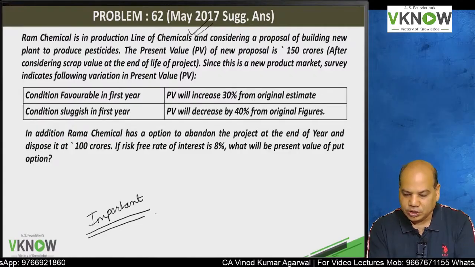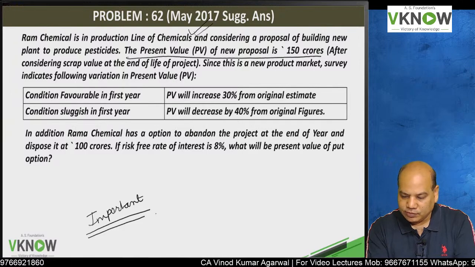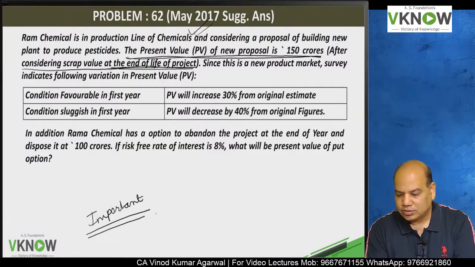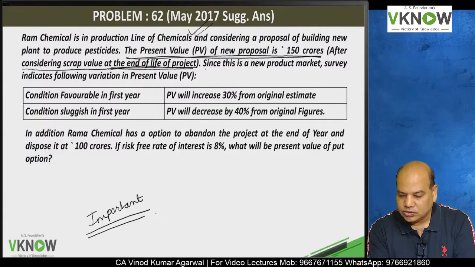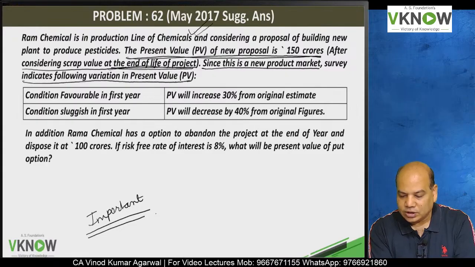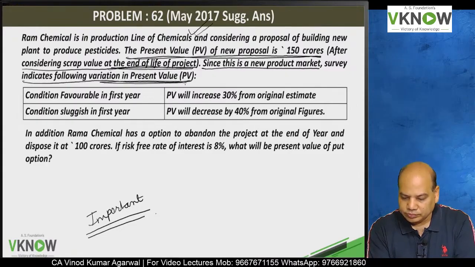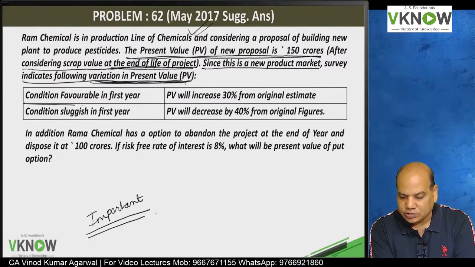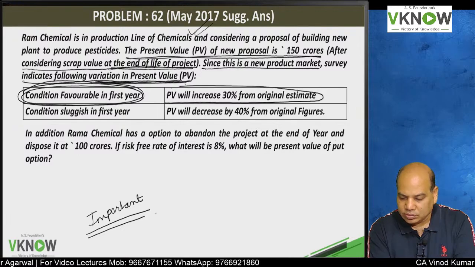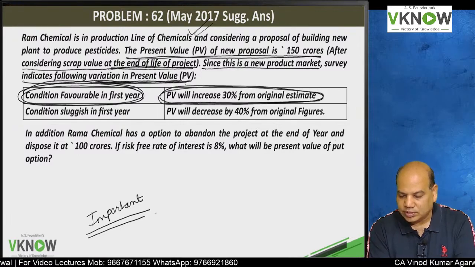The present value of the new proposal is 150 crore, after considering scrap value at the end of the life of the project. Since this is a new product market, survey indicates following variation in PV. If condition is favorable in the first year, PV will increase 30% from its original estimate.